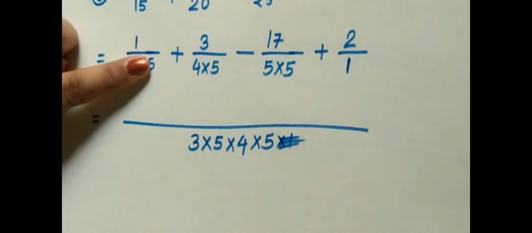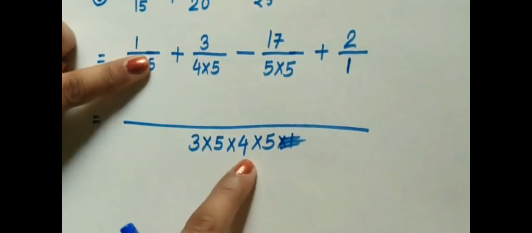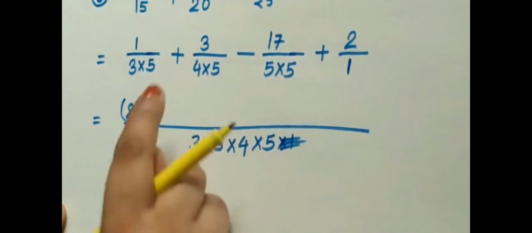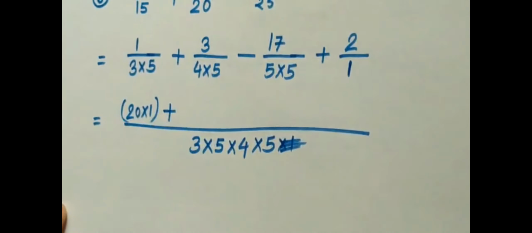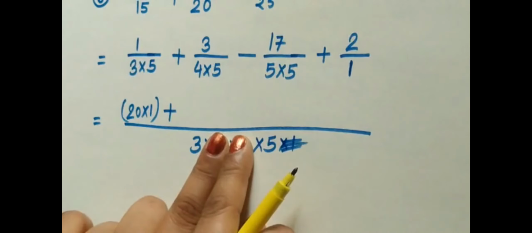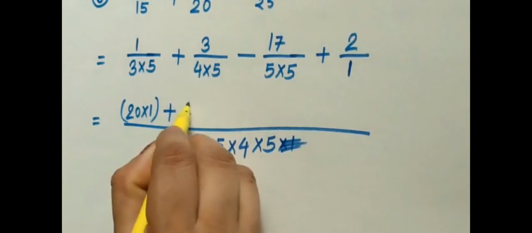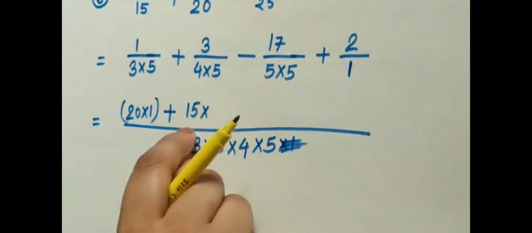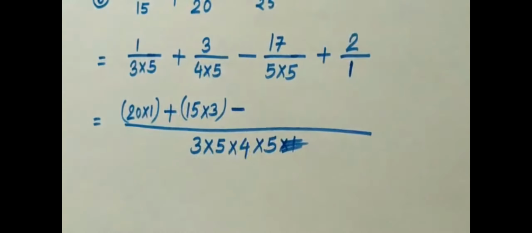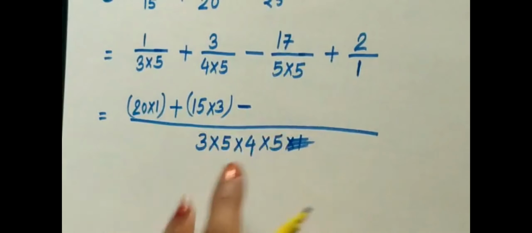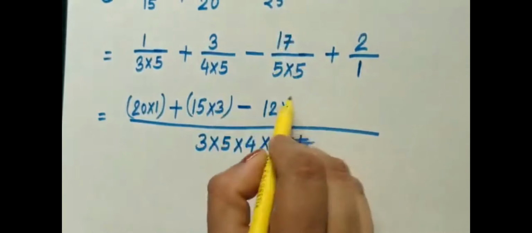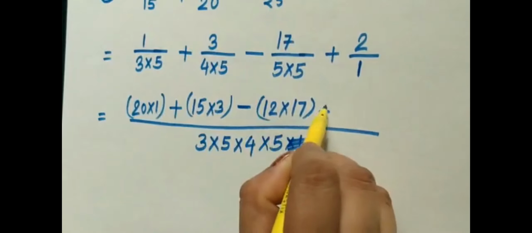Now for the first fraction 3 cross 5, when we hide this 3 cross 5 we are pending with 4 cross 5. So 4 cross 5 means 20, we need to multiply this 20 with the numerator 1, then plus. Now second fraction 4 cross 5, we hide this 4 cross 5, we are pending with 3 and 5, that is 3 cross 5 means 15, 15 needs to be multiplied with this 3, we write it in a bracket, copy this minus here. 5 cross 5, when we hide this 5 cross 5 we are pending with 3 cross 4, that is 12, we need to multiply with this 17 here, write down in bracket, plus.